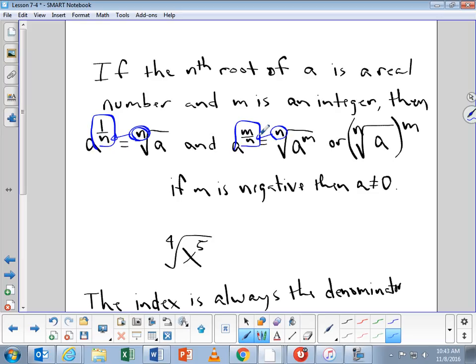The power inside, where does that go? The numerator, right? What's the power on this a? A 1. And look what's up there. A 1. Okay? So make sure you realize when you're transforming this from one to the other, the power goes to the numerator of the exponent. The root goes to the denominator of the exponent.